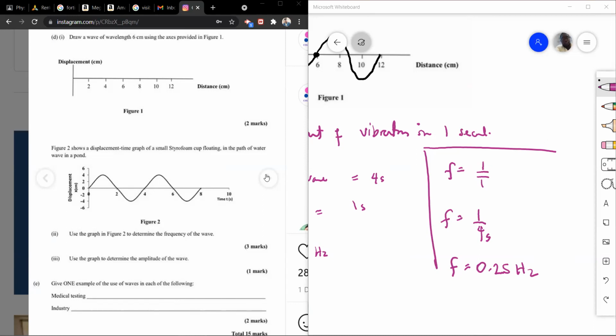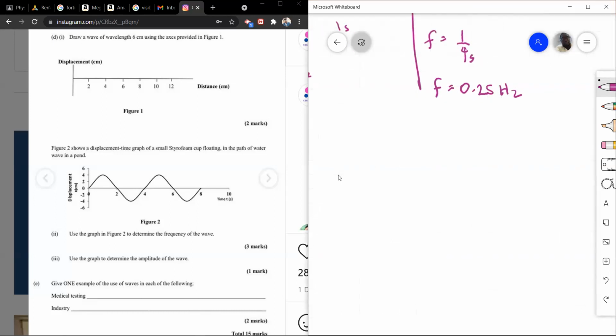All right, let's go. Sir, the amplitude. Yeah, what's the amplitude for this? Sir, it could be 4 or minus 4. Just 4. So, what if this were the question you got?